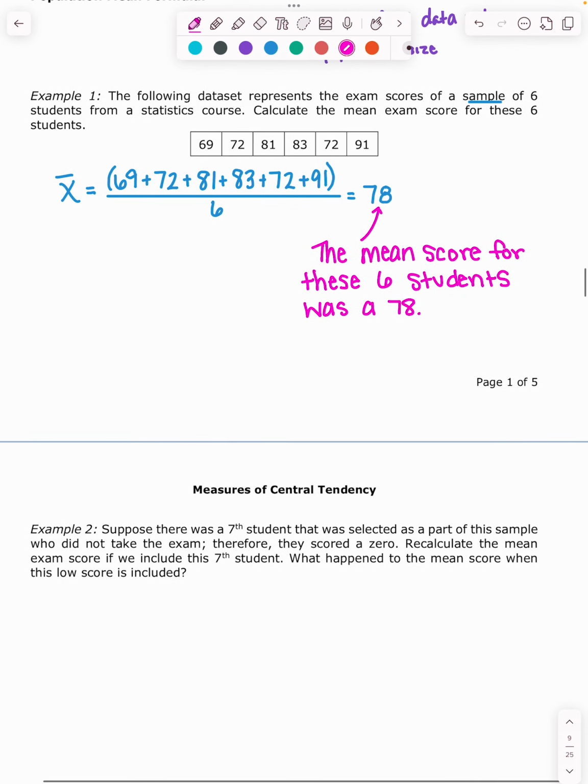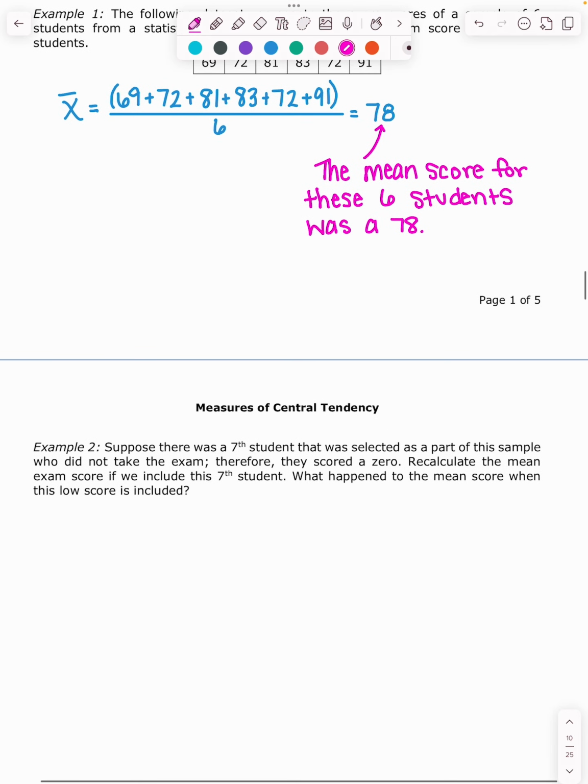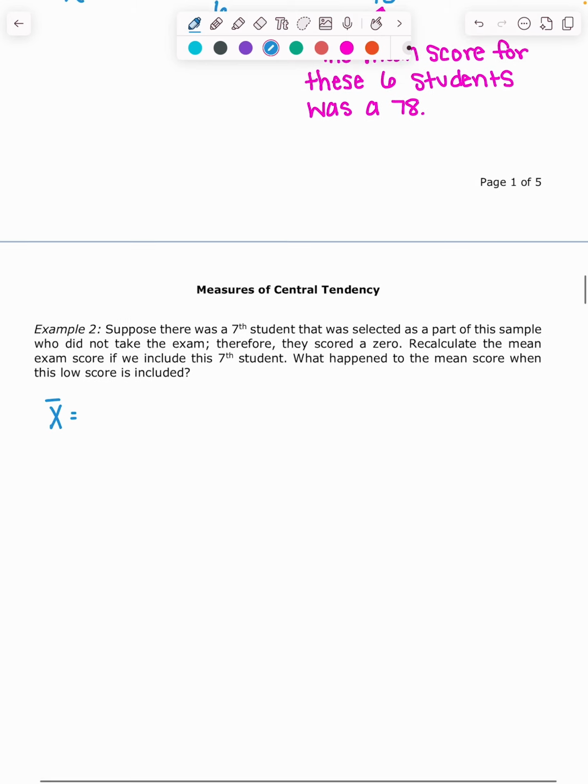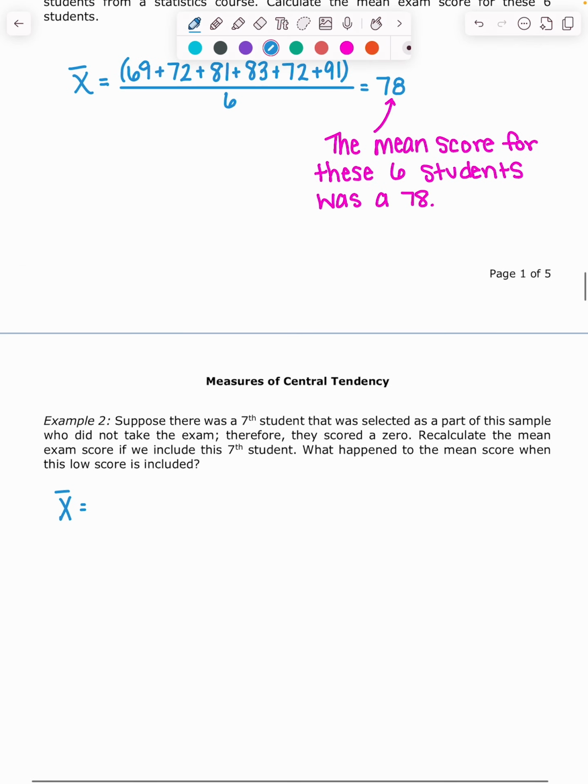Let's do one more example. Suppose there was a 7th student as a part of this sample who did not take the exam, therefore they scored a 0. Recalculate the mean exam score if we include this 7th student. And then what happens to the mean score when this low score is recorded? Okay, so it's still a sample. I believe it doesn't tell us that it's not. And then we have the 6 students from before.